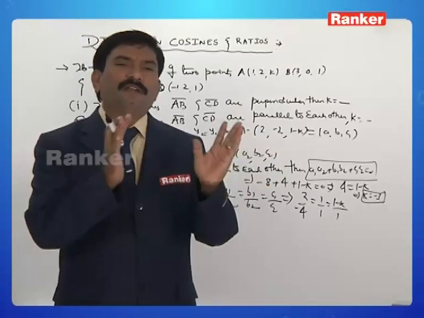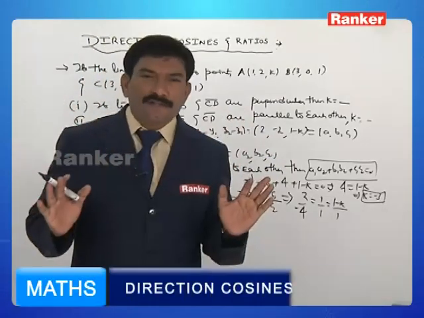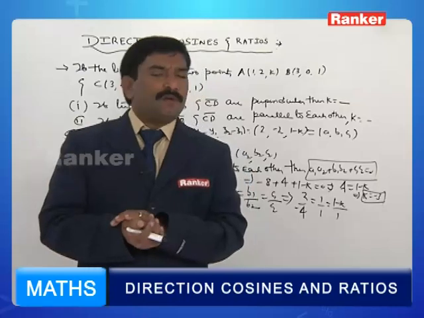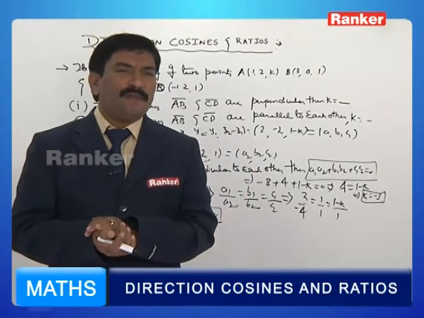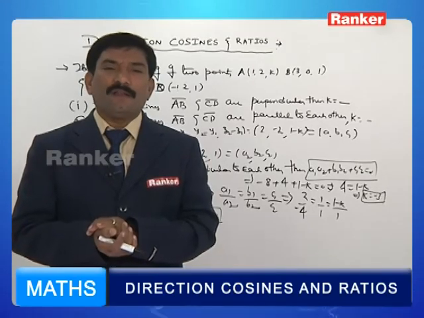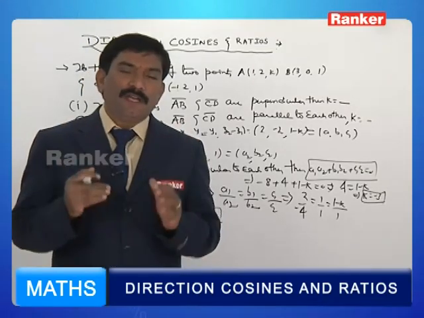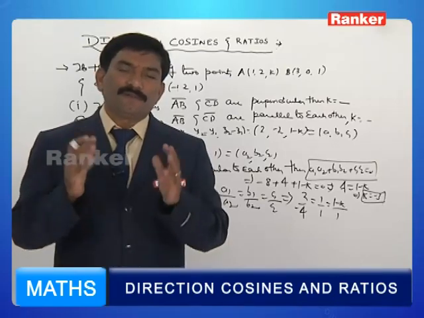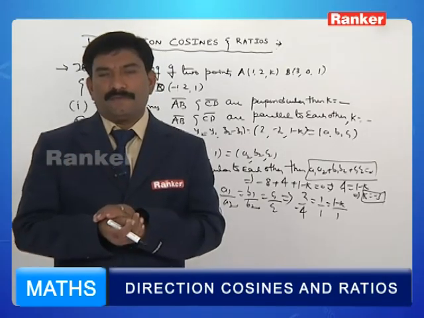Take that into consideration. The condition for perpendicularity is A1 A2 plus B1 B2 plus C1 C2 equals 0, and for parallel, A1 by A2 equals B1 by B2 equals C1 by C2.